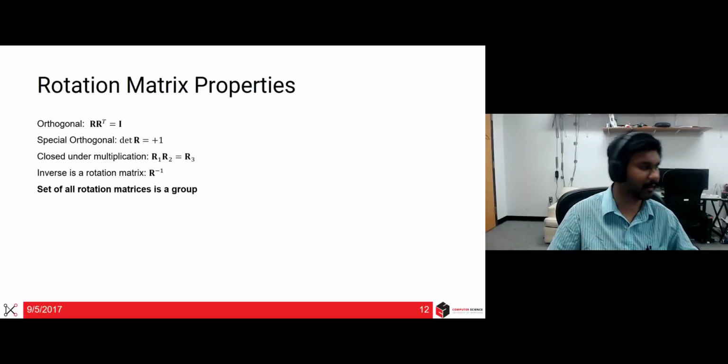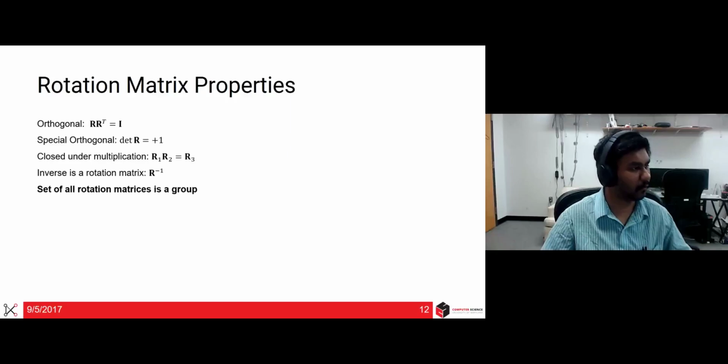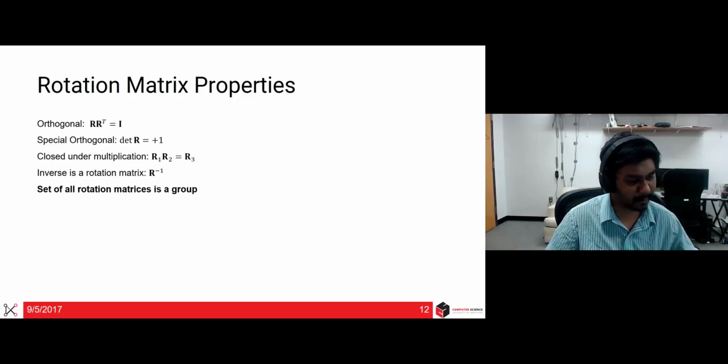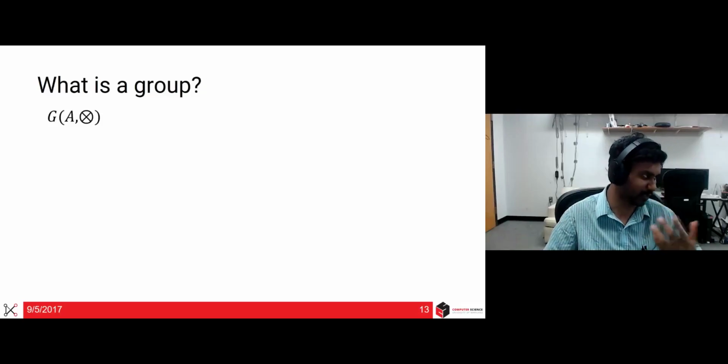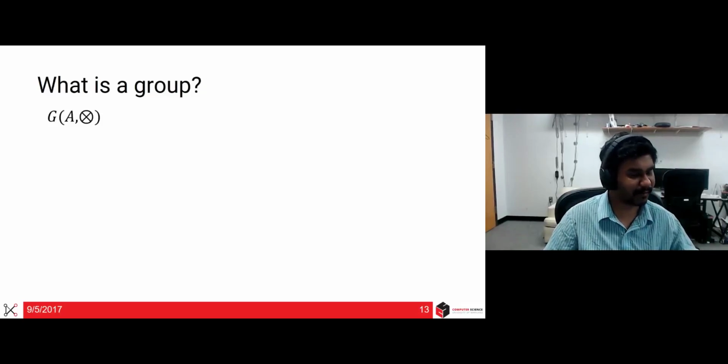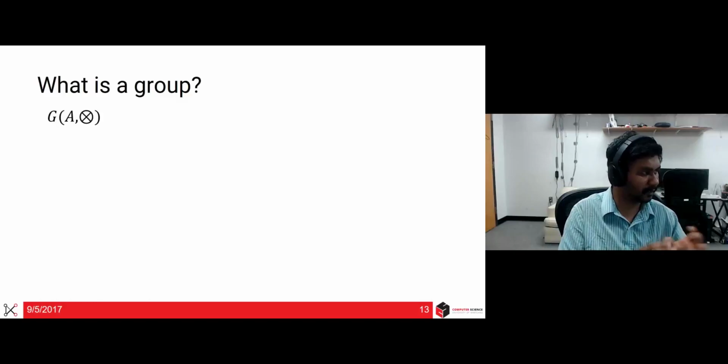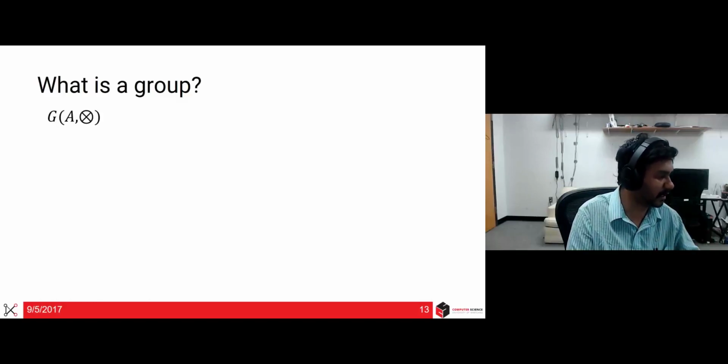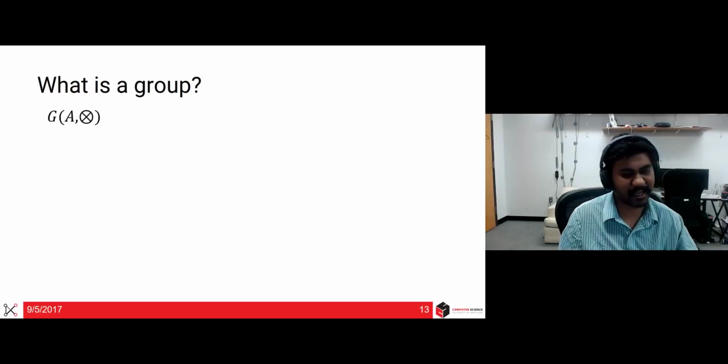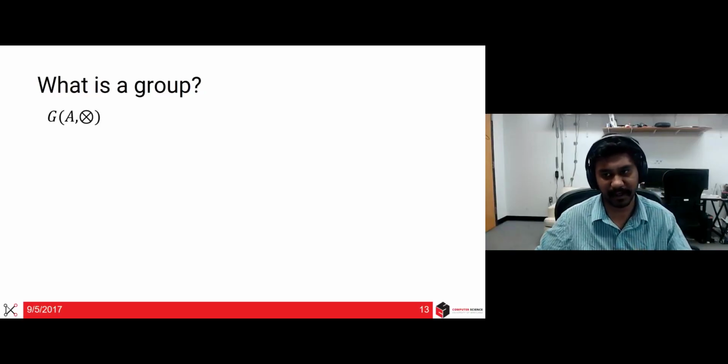People with a math background would formally know what a group means, but for people who don't, I will talk about it in my next slide. So what is a group? A group is generally defined by this notation, that is G of A comma some special symbol. In this special symbol, I'm choosing a cross with a circle on it. So this cross with a circle can represent any operation.